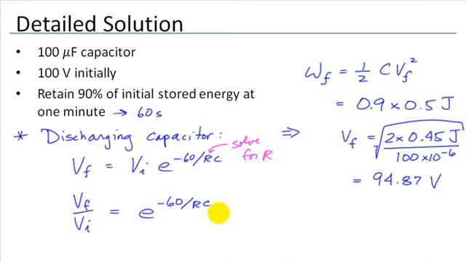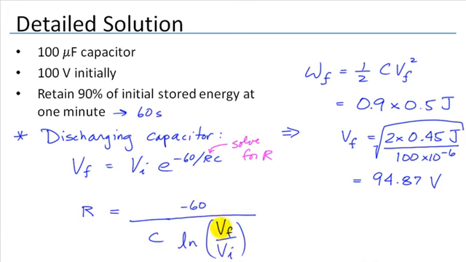Let me put V sub I on the other side of the equation. I can then clear the exponent by taking the natural log of both sides. So natural log undoes the exponential operation there. Redraw that a bit, and we're trying to solve for the value R. I'll bring that on the left side of the equation, and then bring natural log of this ratio to the denominator of the other side of the equation.